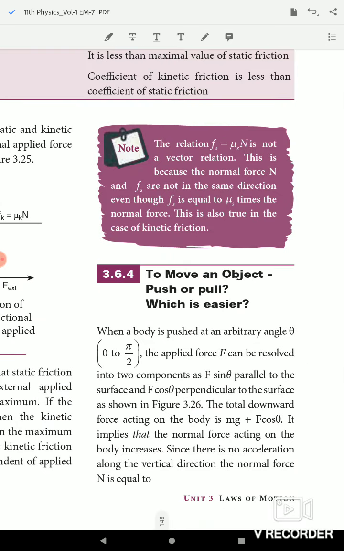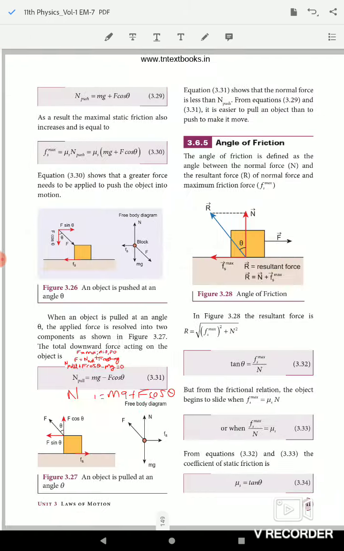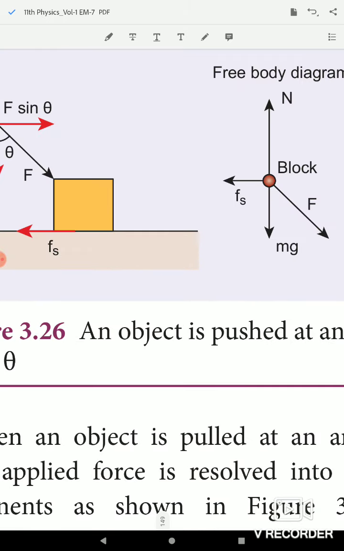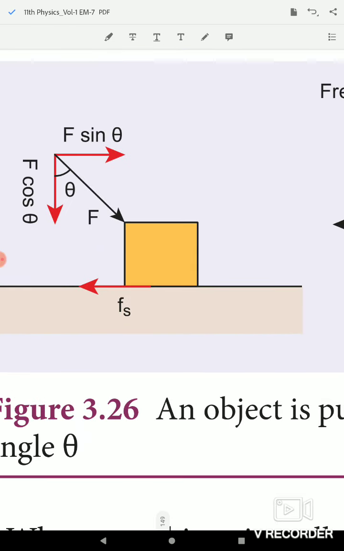And then next one: to move an object, push or pull, which one is easier? When a body is pushed at an arbitrary angle theta, that is 0 to pi by 2, the applied force F can be resolved into two components, F sin theta and F cos theta.